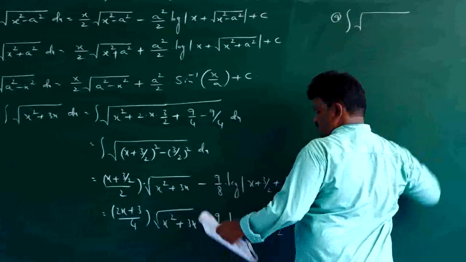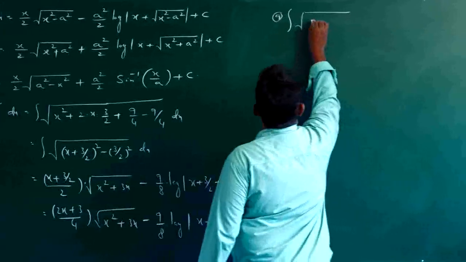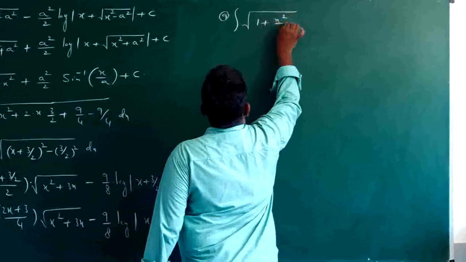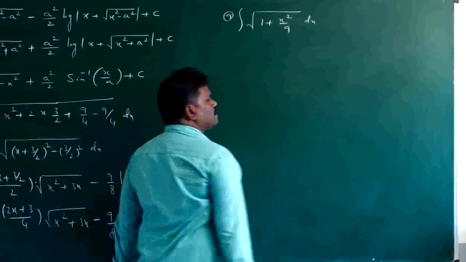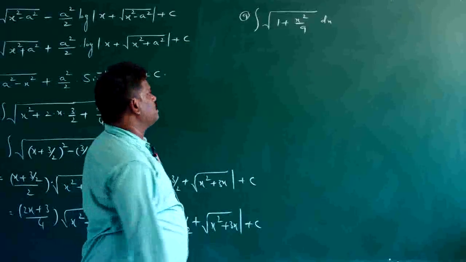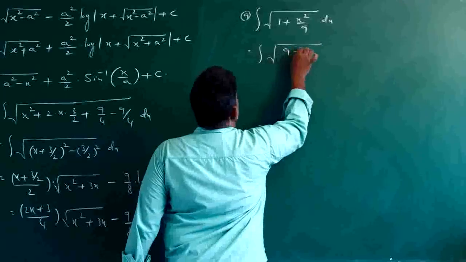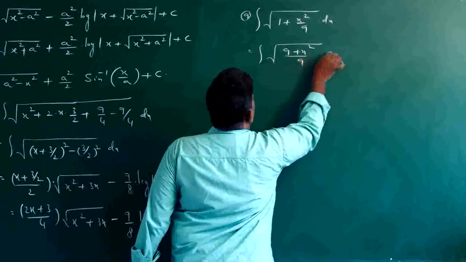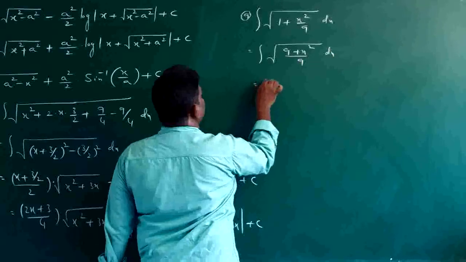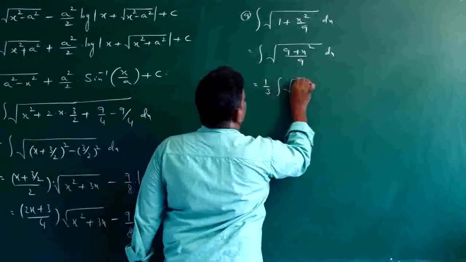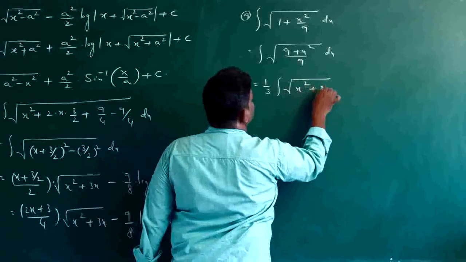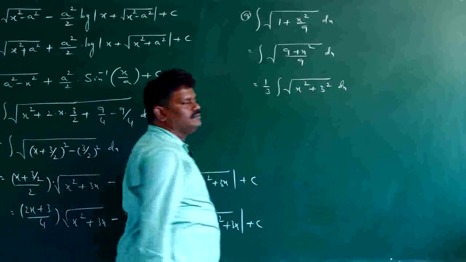Integral of square root of 1 + x²/9 dx is given. So first we find the LCM: integral of square root of (9 + x²)/9 dx. So it is 1/3 integral of square root of x² + 3² dx.